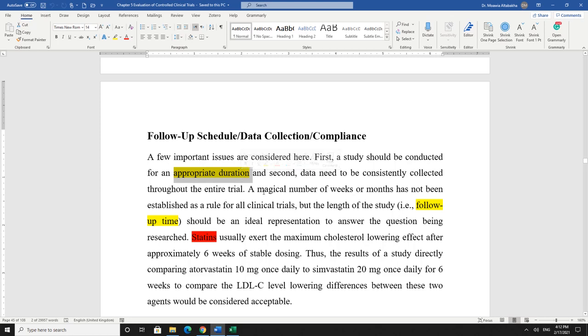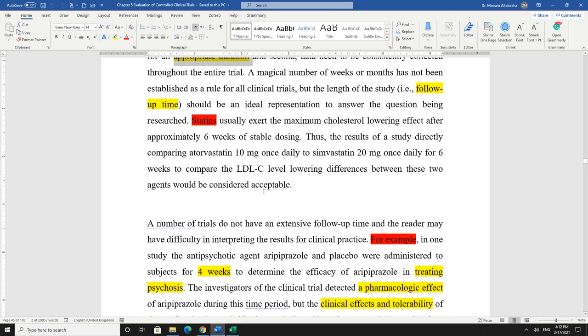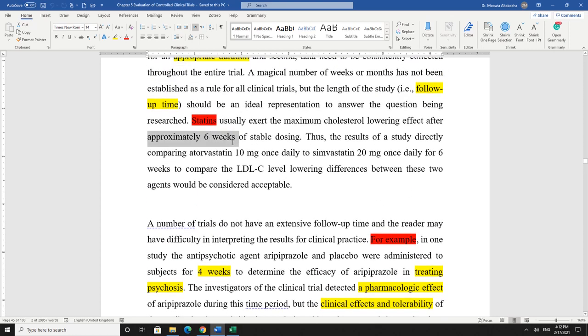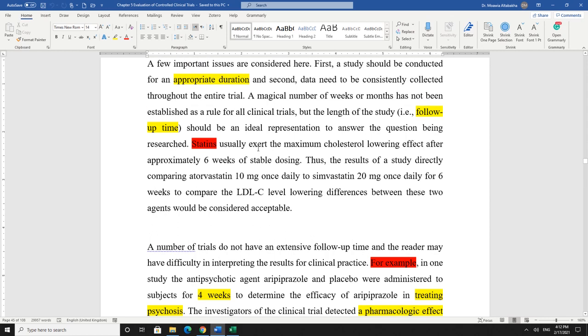For example, cholesterol level can be determined in about 6 weeks. The drug can give its maximum effect within 6 weeks. So the trial should be at least 6 weeks. Of course it should not be very long.